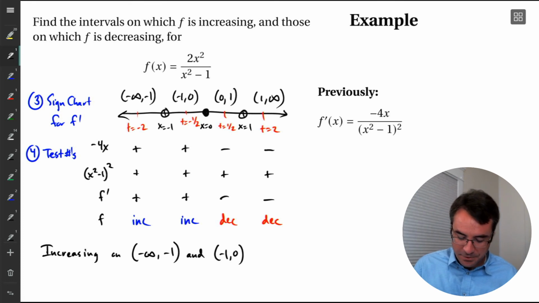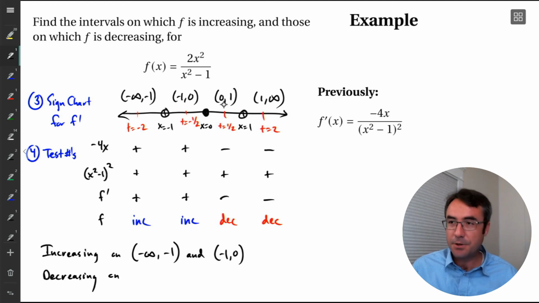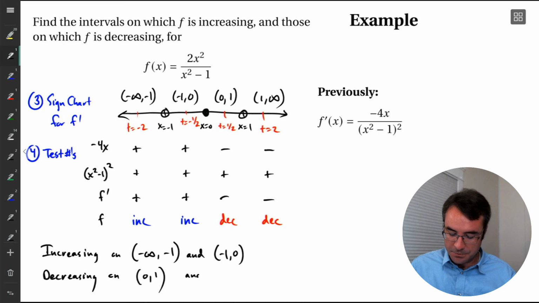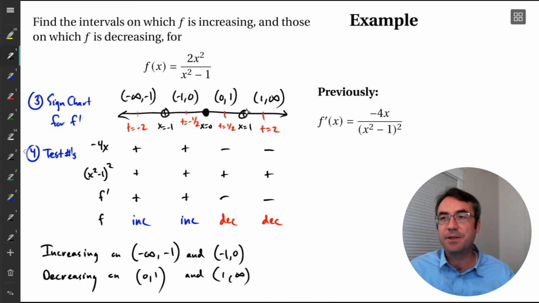Same thing for the decreasing. So we see that it's decreasing on the interval from 0 to 1. And then it's also decreasing on that interval from 1 to infinity. But because we have this point there in the middle where our function's undefined, we can't stitch these two intervals together.